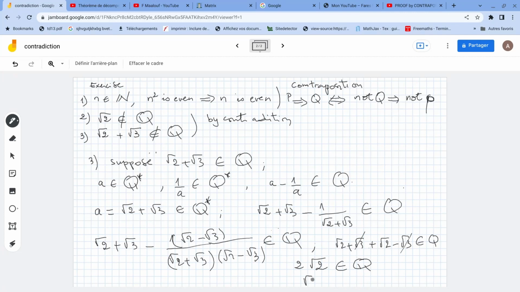So I divide by 2 and then square root 2 belongs to Q, which contradicts the second statement. So the supposition here is false, and then the given proposition is true.